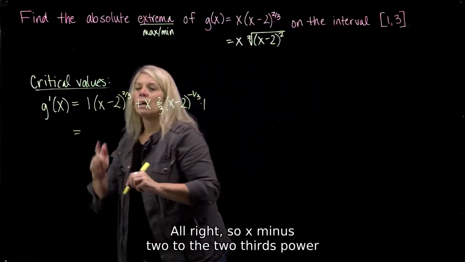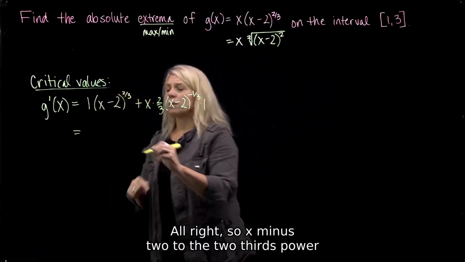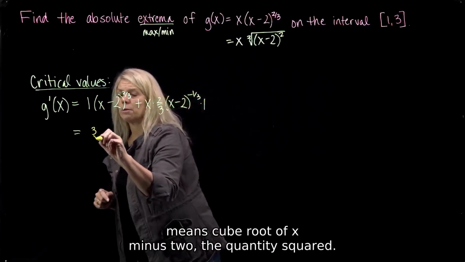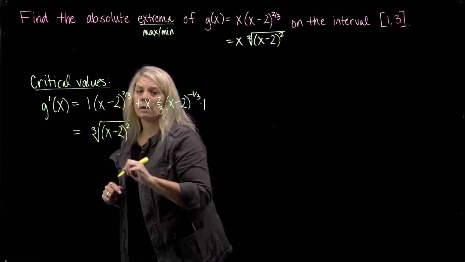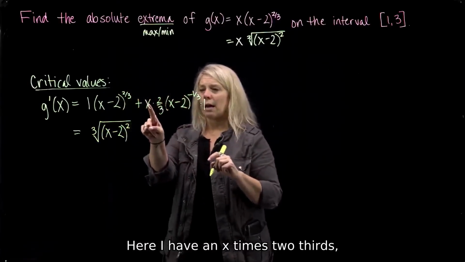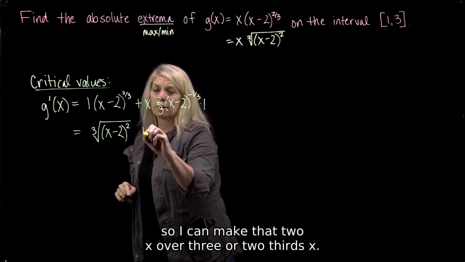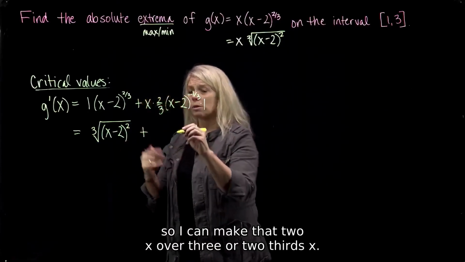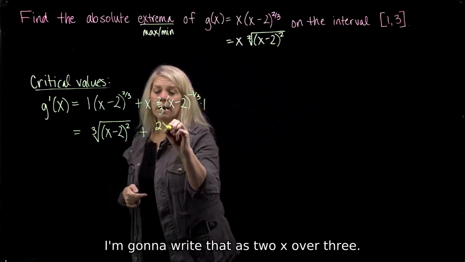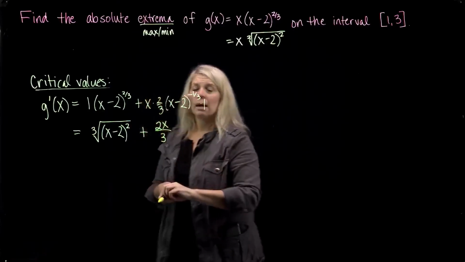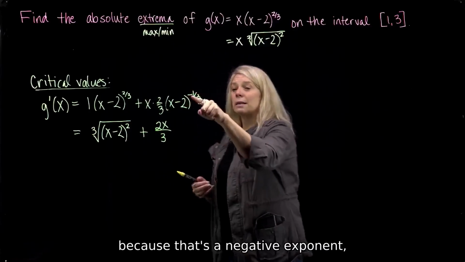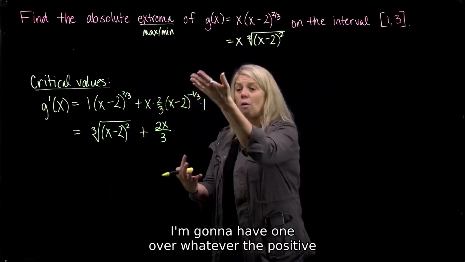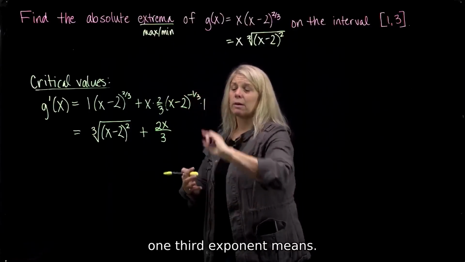All right, so x minus 2 to the 2/3 power means cube root of x minus 2, the quantity squared. Here I have an x times 2/3, so I can make that 2x over 3, or 2/3 x. I'm going to write that as 2x over 3. And then x minus 2 to the negative 1/3, because that's a negative exponent, I'm going to have 1 over whatever the positive 1/3 exponent means.